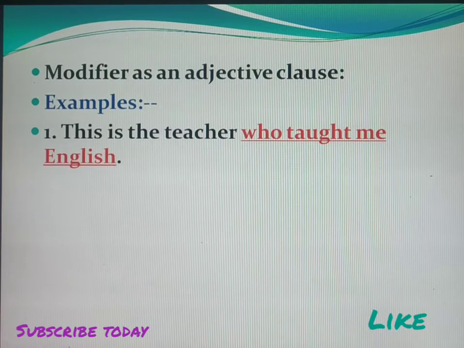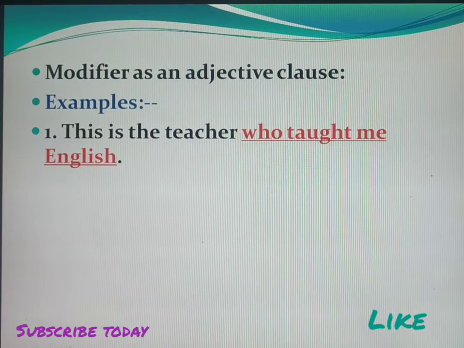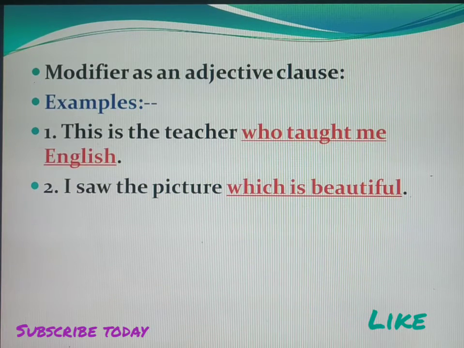So, this adjective clause modifies the noun teacher. Again, I saw the picture which is beautiful. Which is beautiful tells us something about the picture. So, it is a modifier. This adjective clause is a modifier in this sentence.